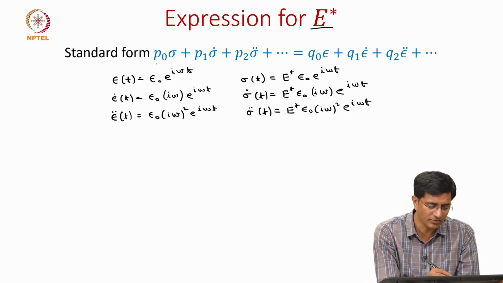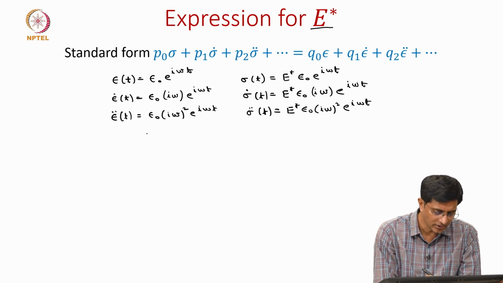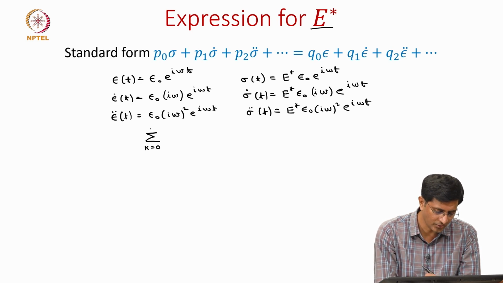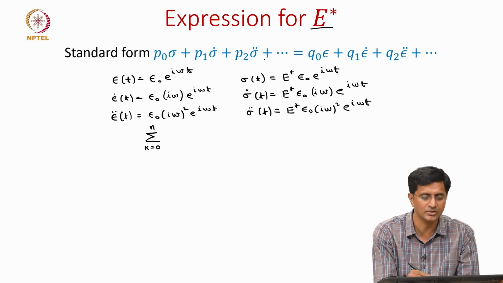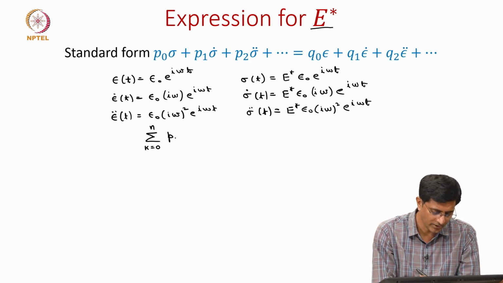First, we should be able to write the standard form in terms of a summation. Once we do that, the left hand side is, let us say k equal to 0 to n, with n terms for the stresses. We should be able to write it as p k times d by dt power k, meaning the kth derivative of stress.